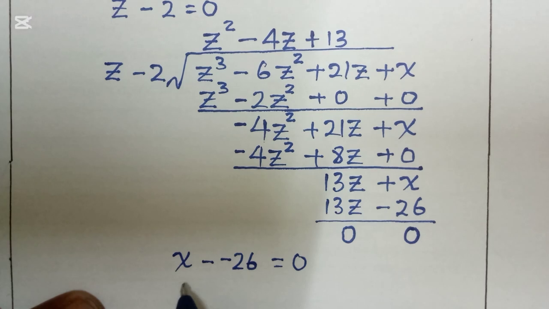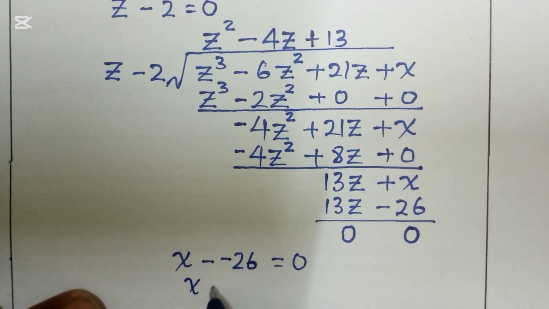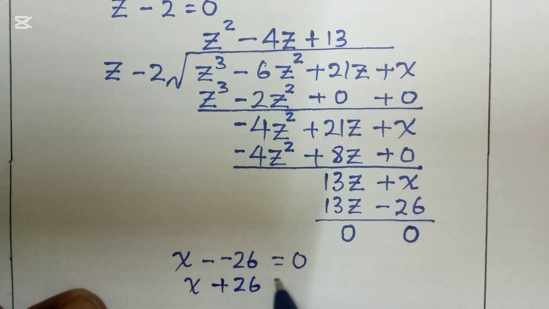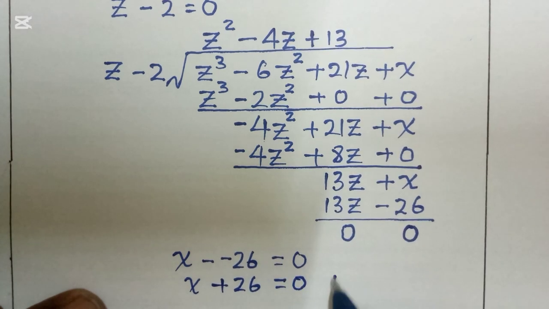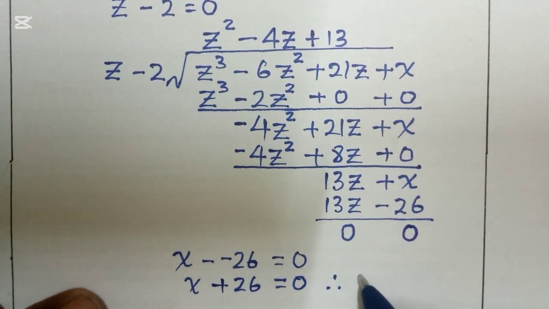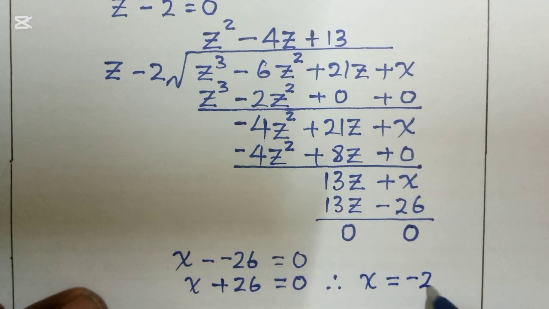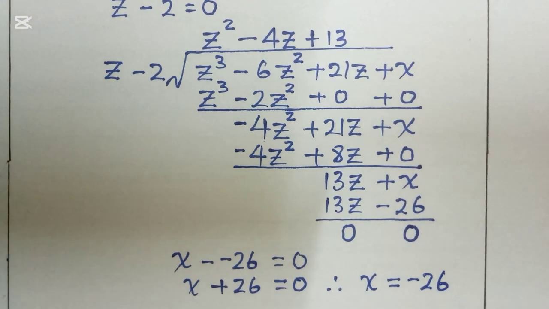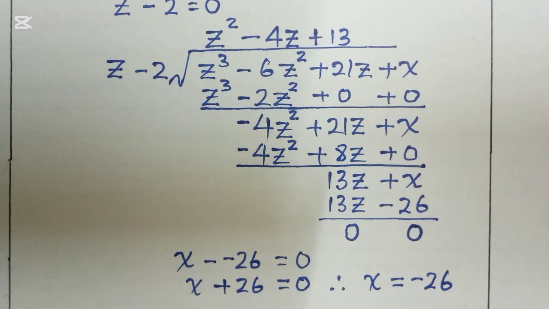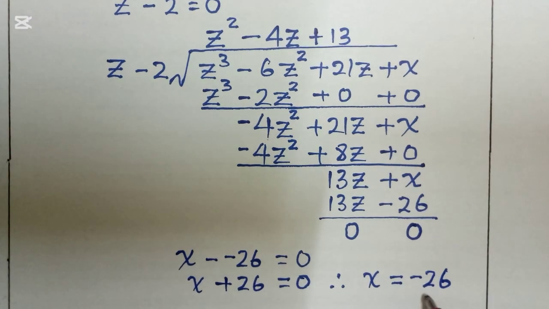So this is x plus 26 gives us 0, and therefore x is going to be negative 26. So guys, that is our solution for x.